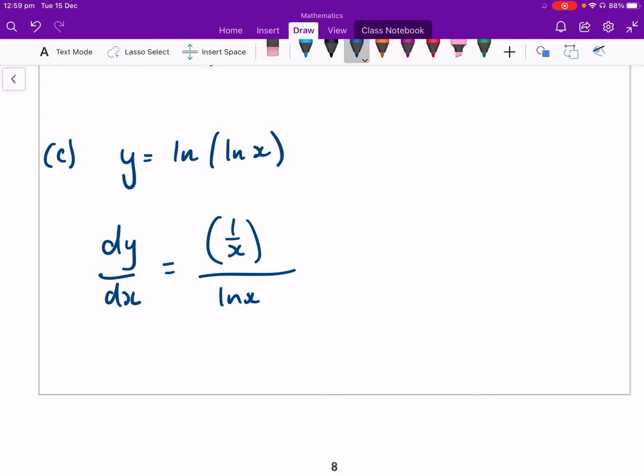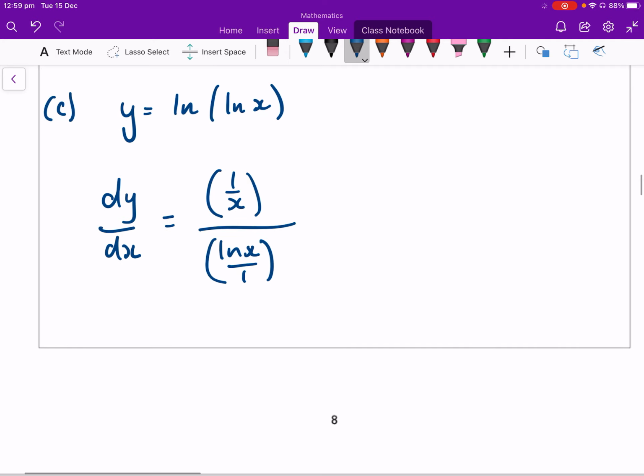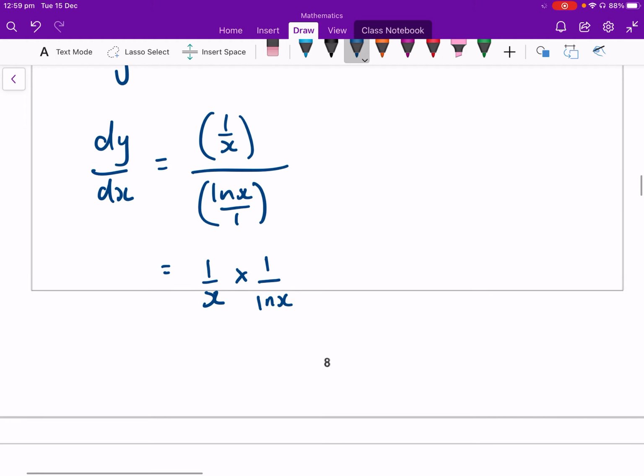Now, if I were to put ln x as a fraction, I would have this. So for two fractions, if I'm dividing them, I'll flip the bottom and multiply, so I'll have 1 on x multiplied by 1 on ln x. So this here, the answer to question C would be 1 over x ln x.